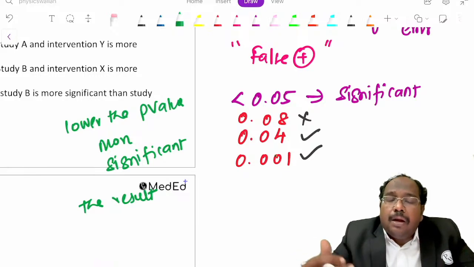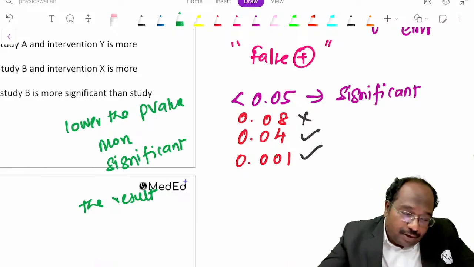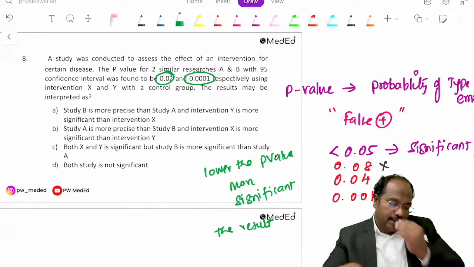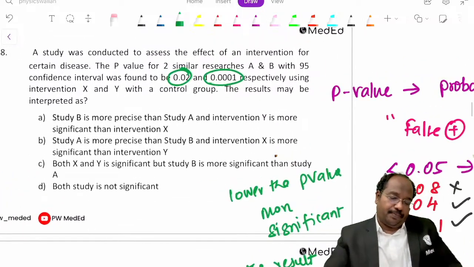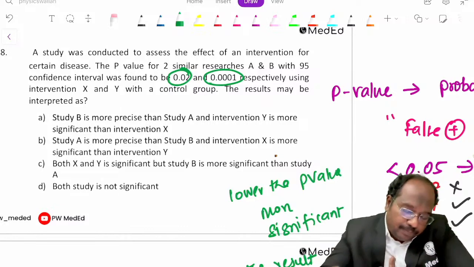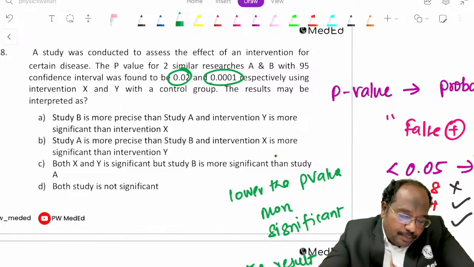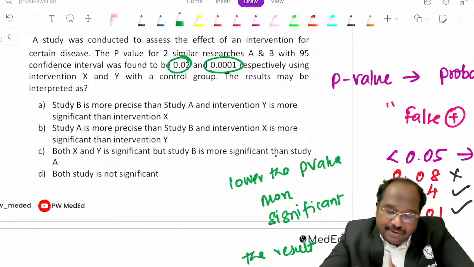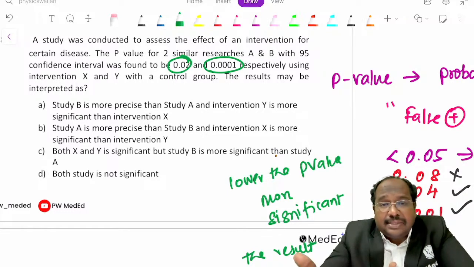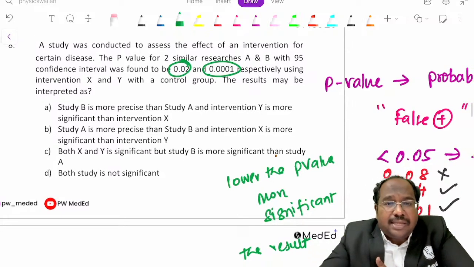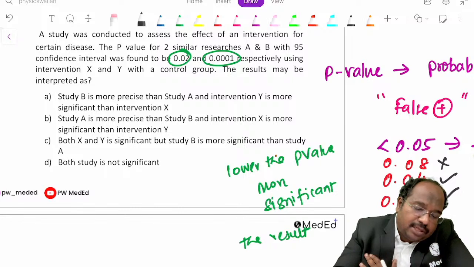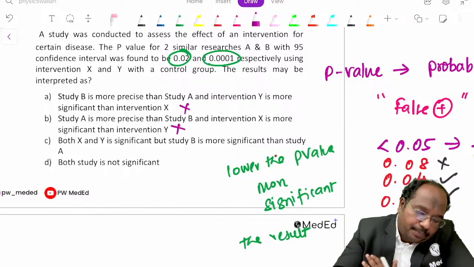Right? Now look into the question and tell me what is the answer here. Study B is more precise than study A, and intervention Y is more significant than X. With p-value you can't say precision, so both these options are wrong.